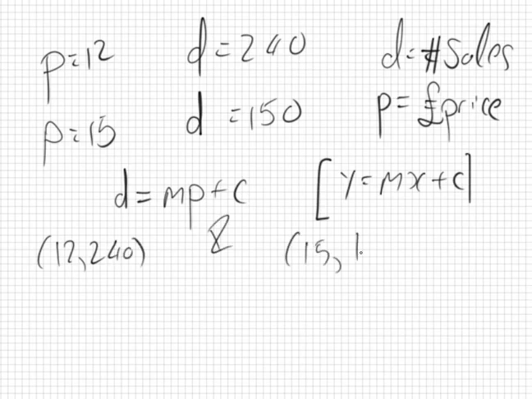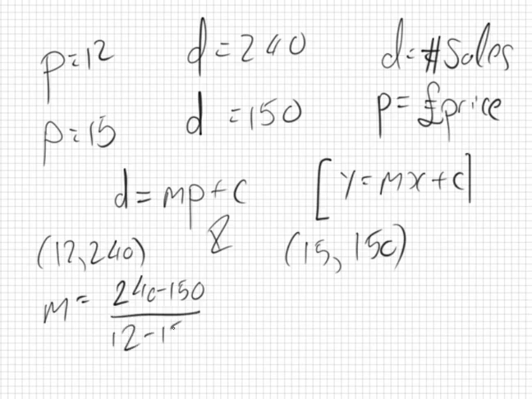Firstly I get the slope. You remember the formula for the slope? Y2 minus Y1 over X2 minus X1. So that'll be minus 90 over 3, which is minus 30.